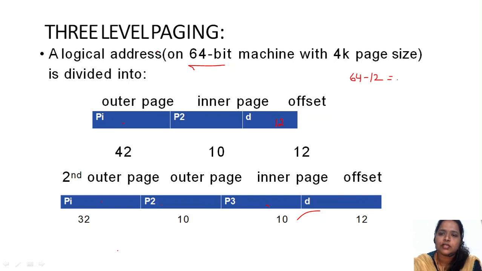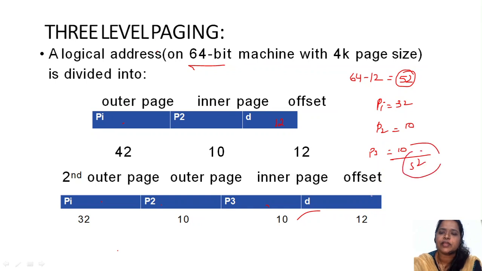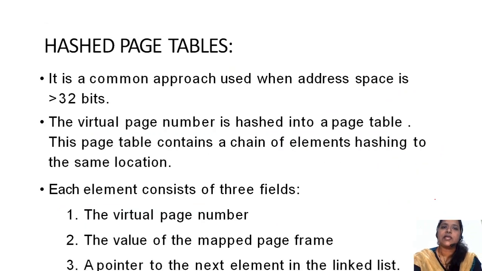So 64 minus 12 gives 52. So P1 will have 32, P2 will have 10, and P3 will have 10, totally 52 bits. Along with the displacement of 12, we have 64 bits. This is how we lessen the burden on a single page table by making use of a hierarchical page table. And the next one is the hashed page table.